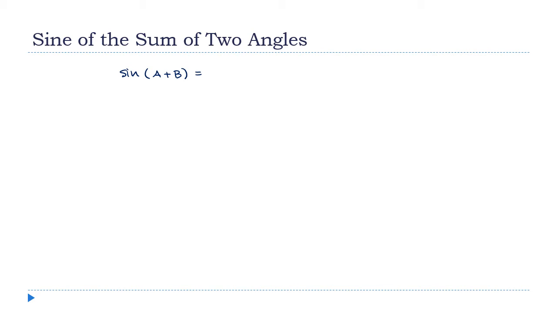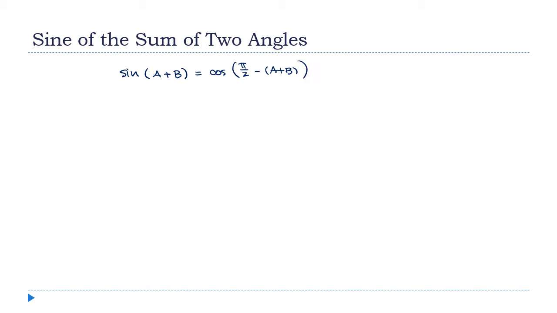I'm thinking, okay, I know how to do this with the cosine. How can I rewrite this as a cosine? All right, well, here we have a formula. The sine of A plus B is equal to the cosine of pi over 2 minus (A plus B).